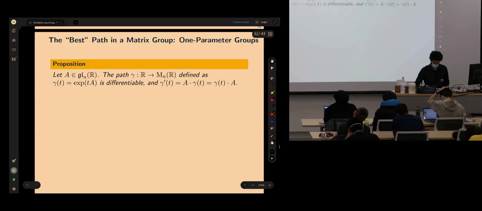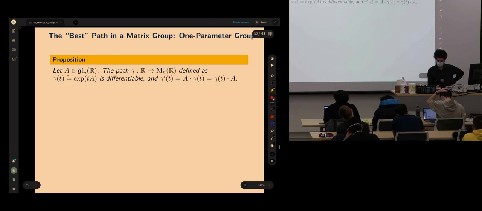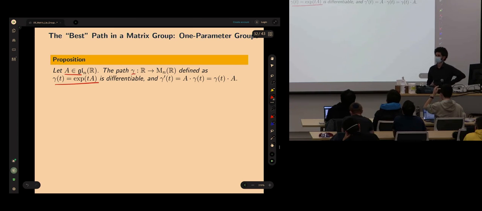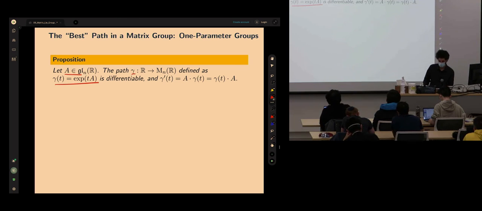And so for Lie groups, when we talk about an initial velocity that is in the Lie algebra and a path, you will always have this path. From a velocity, whatever it might be, you can generate a path, gamma of t, using this exponential of t times A. So A will change, the path will change.